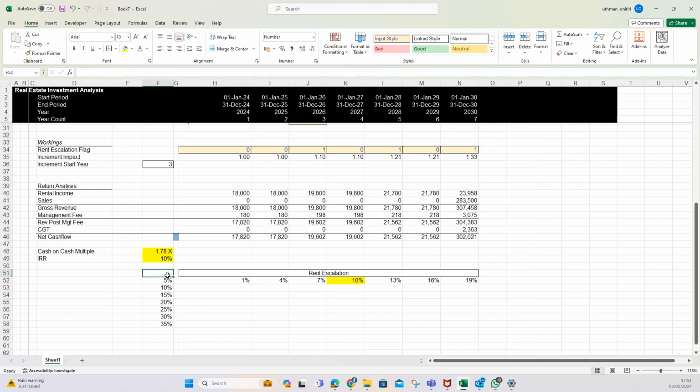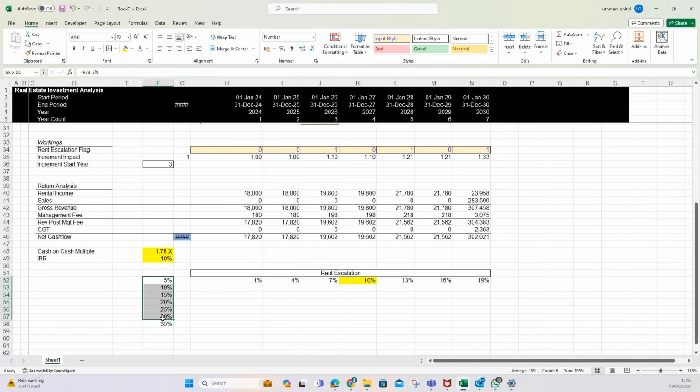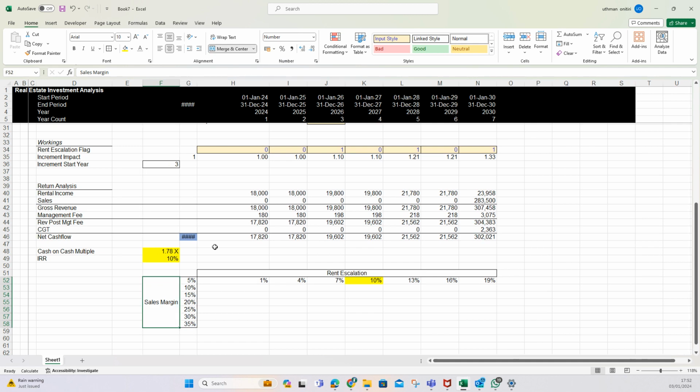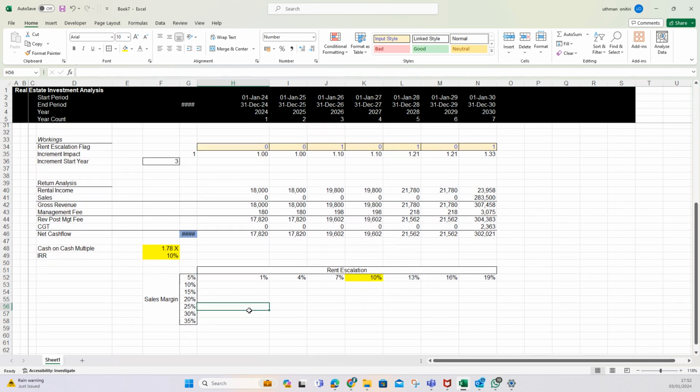What are we sensitizing? Let's sensitize our cash on cash multiples. Forgive me, guys, I need to expand this a bit. Makes my work easier. All right.